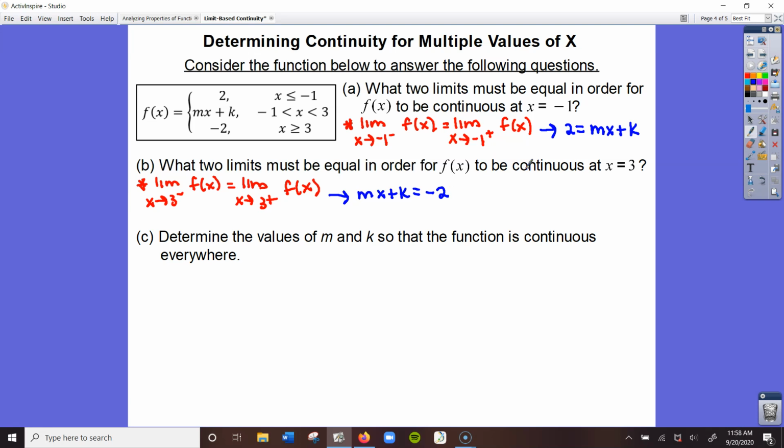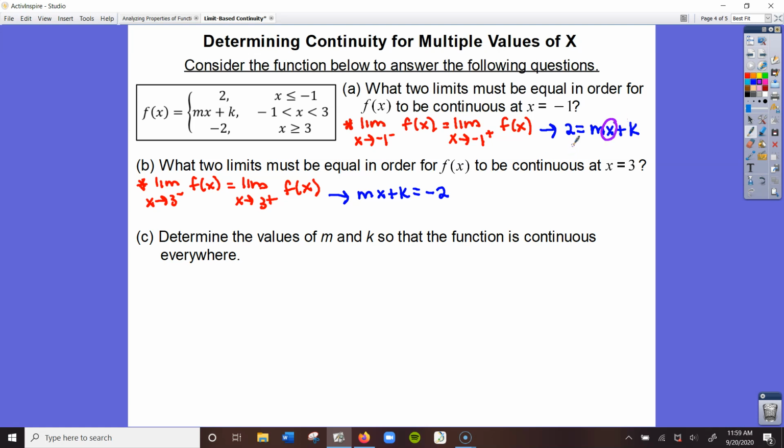Once you have set up your limits and substituted those limit values with your equations, what we can now do is plug in the x value for each one in order to get a more precise equation in terms of m and k only, so that we can use it to solve for m and k. This statement was written for the limit as x is approaching negative 1, so I'm going to plug in negative 1 for the x.